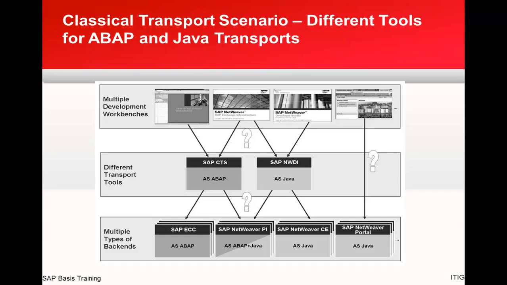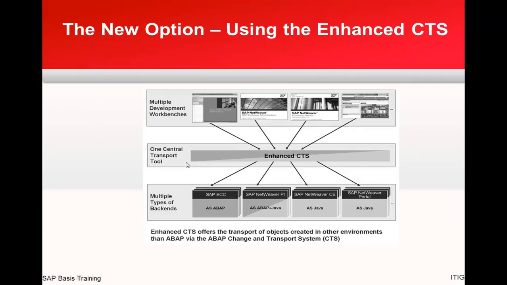Then for transporting the portal environment, you have different things. So for the ECC system you have one thing, for the PI system there is ABAP and Java. For CE, that is composite environment, you have a different way of transporting it, and for the portal system you have a different way of transporting using the Java layer.